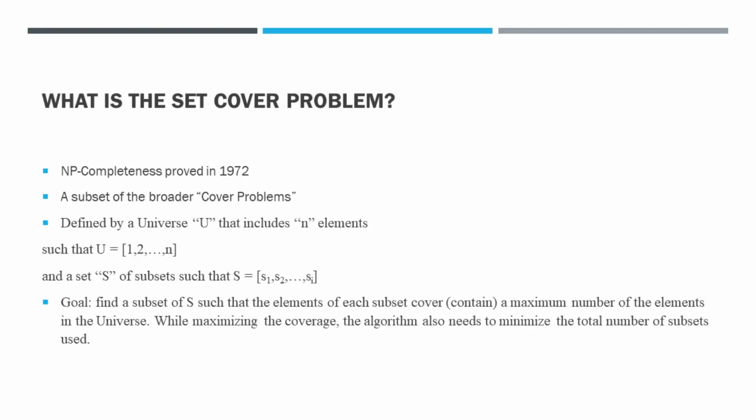We can define the set cover problem by first a universe U that includes n elements, such that U is equal to the set of 1 incrementally going up to the number n, and a set S of subsets such that S is comprised of sets S1, S2, all the way up to some number S sub I. The goal of this problem is to find a subset of S such that the elements of each subset cover or contain a maximum number of the elements in the universe. While maximizing the coverage, the algorithm needs to minimize the total number of subsets used.